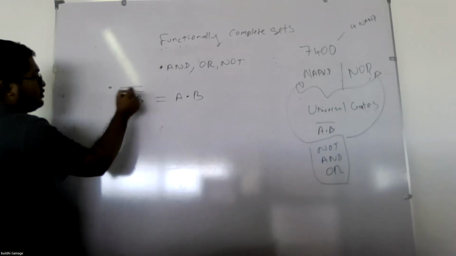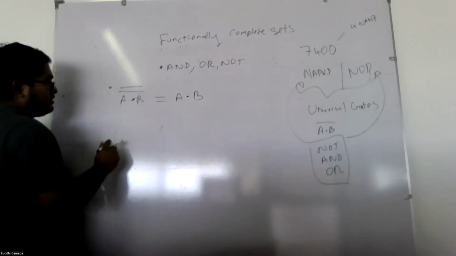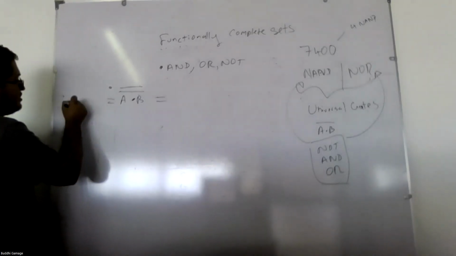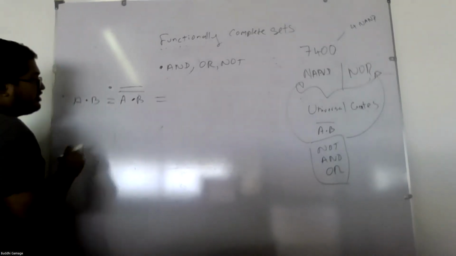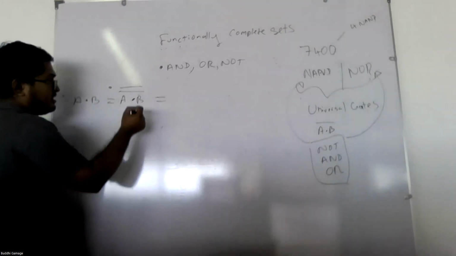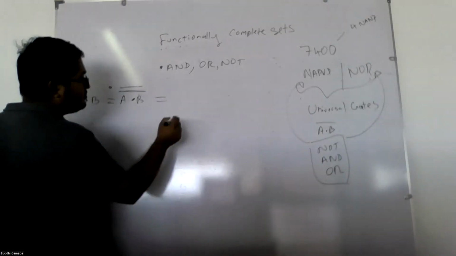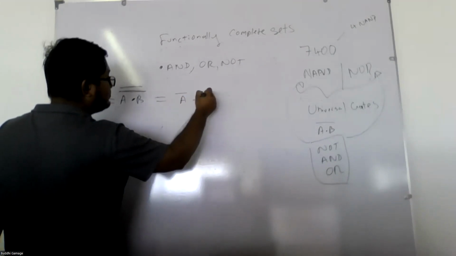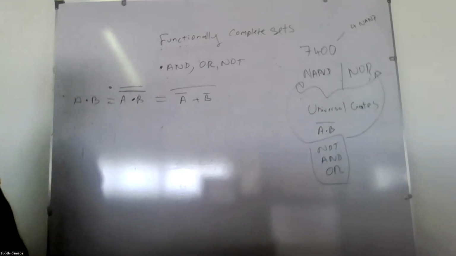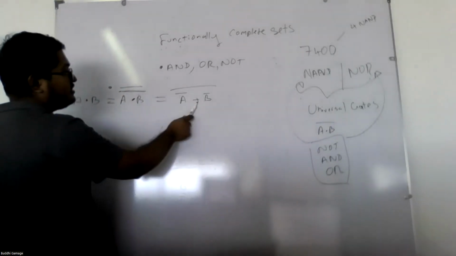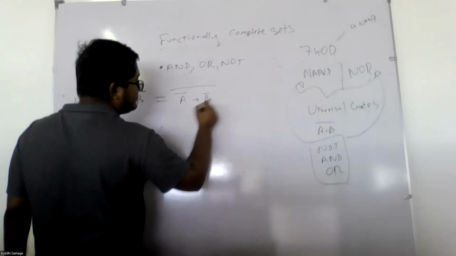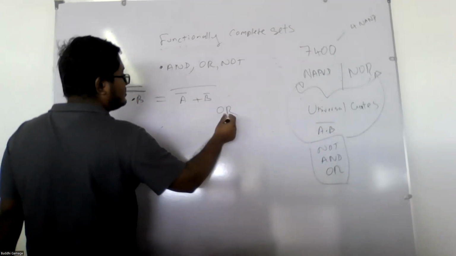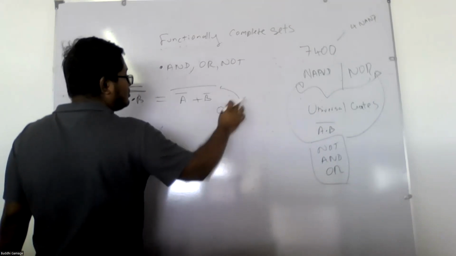So NOT into NOT, but we can derive this using only De Morgan's law, that is A bar plus B bar, whole bar. Right? So here we can see only the OR operation and the NOT operation.